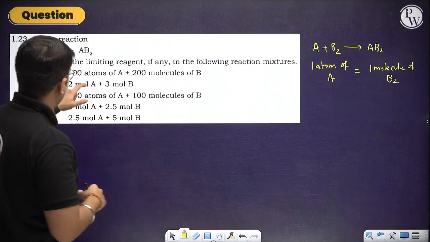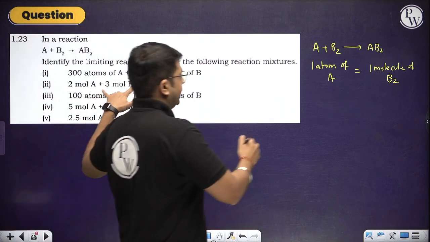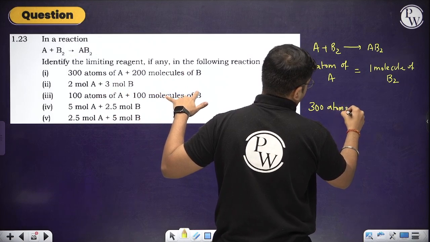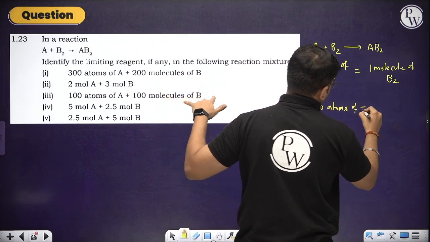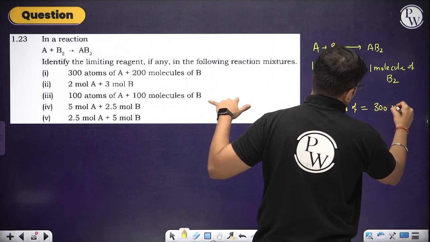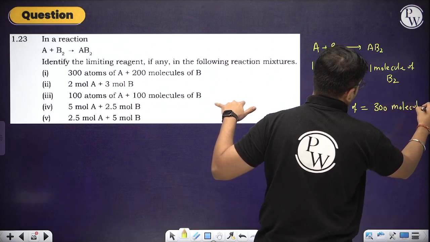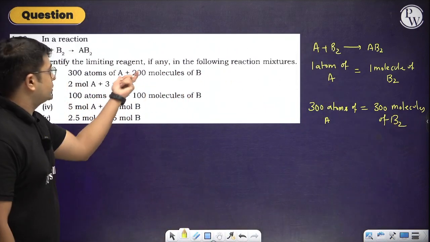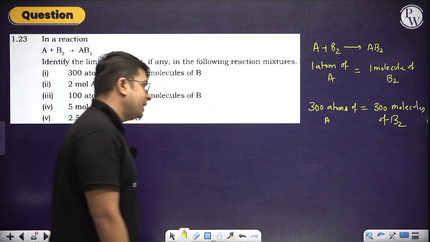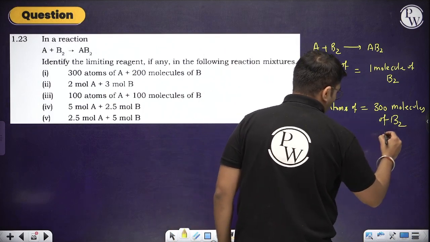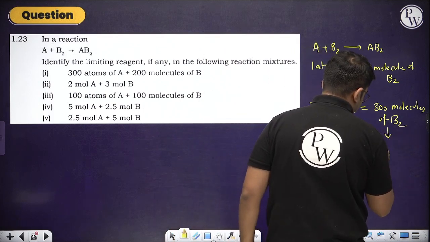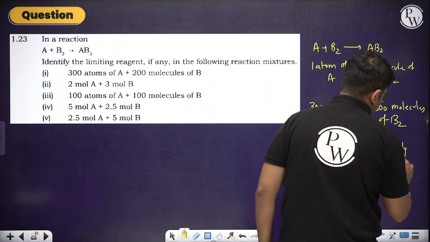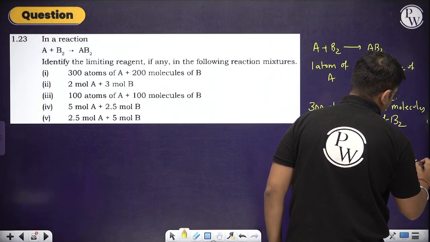Okay. Now in this situation you have 300 atoms of A. It means 300 atoms of A actually require 300 molecules of B2. But the given information is only 200 molecules.